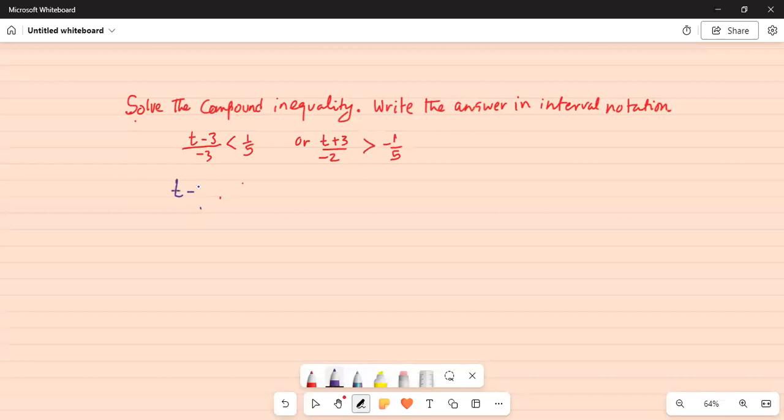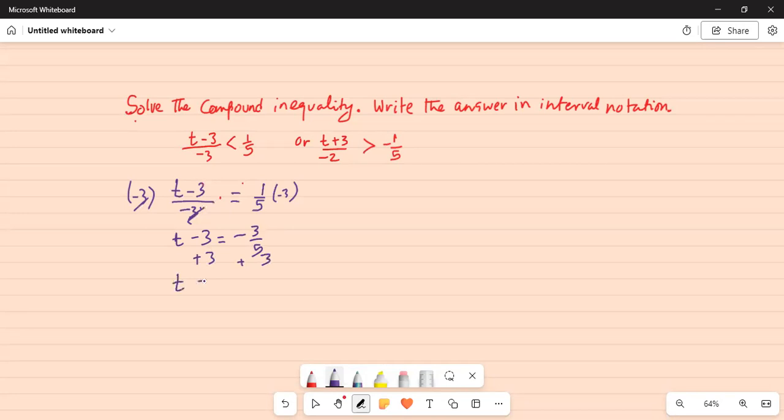So (t minus 3) divided by minus 3, and instead of less than 1/5 we will solve equal to 1/5. So we will multiply by minus 3 on both sides. This 3 cancels with this minus 3, and you are left with t minus 3 is minus 3/5. Add 3 on both sides.